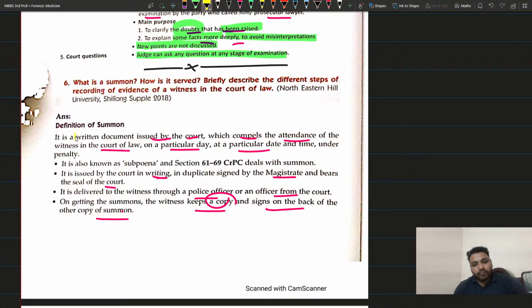It is a written document issued by the court, which compels the attendance of a witness in a court of law on a particular day, date and time, under penalty. Basically, it is a written document issued by the court for the attendance of a witness in a court of law at a particular day and time. We also call this a summons; it comes under sections 61, 62, 69 CrPC.